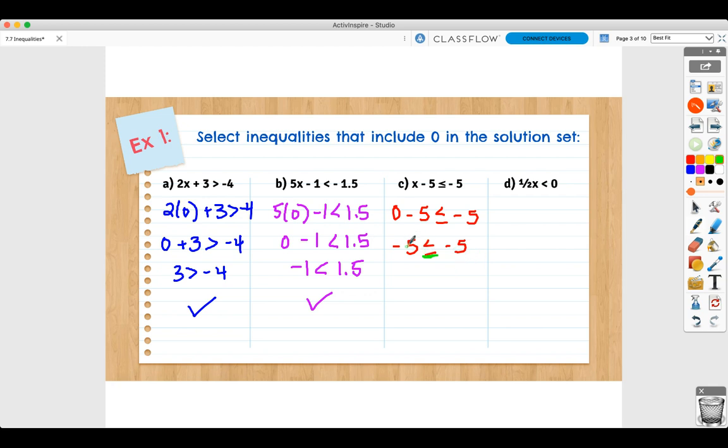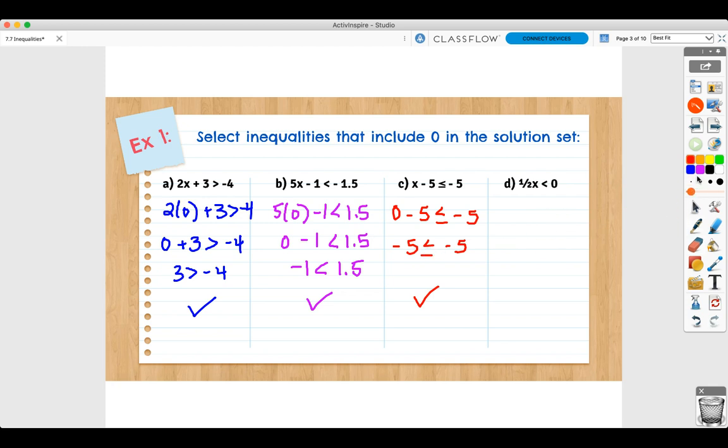So -5 is less than or equal to -5, and this is true because -5 is equal to -5. If the line wasn't there, this would be a false statement. But because that equal to is there, it makes it a true statement.